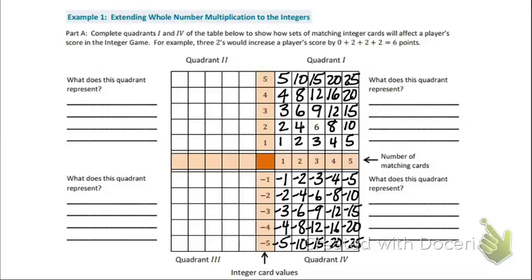This is something that we learned in lesson 10 in class. We have a positive number of cards here. So that positive times a negative, if we're looking down here, in this case a -1, is going to equal a -5.